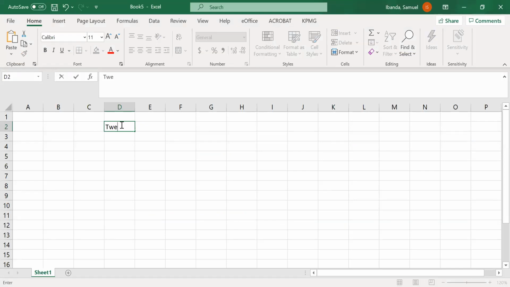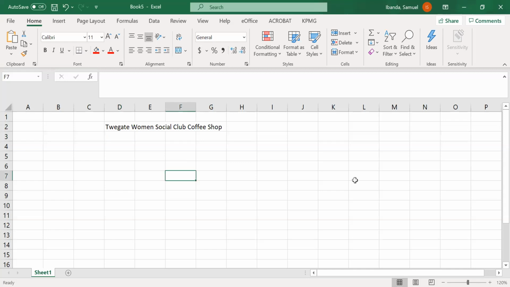I can call it Twegate Women Social Club Coffee shop.